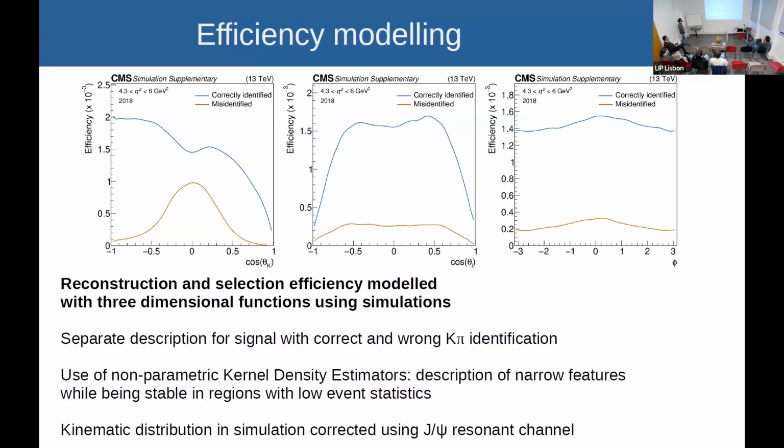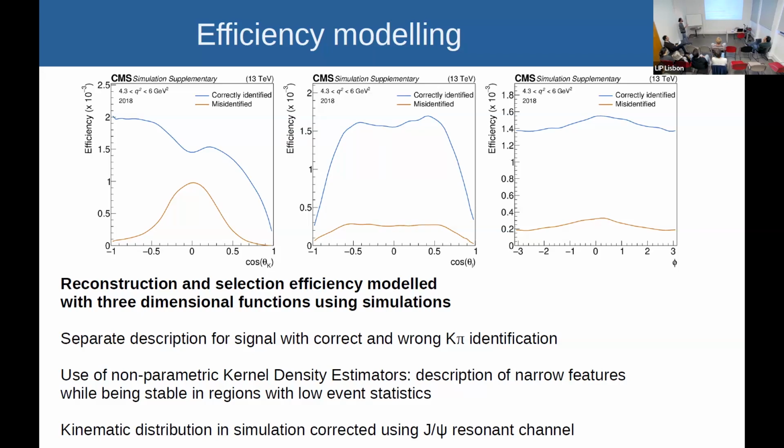So, the efficiency. As I mentioned, it's very important to have a good estimation of how our selections affect the efficiency, and indeed you see here the projections of the efficiency function along the three angular variables, and you can see that it's far from a flat efficiency.